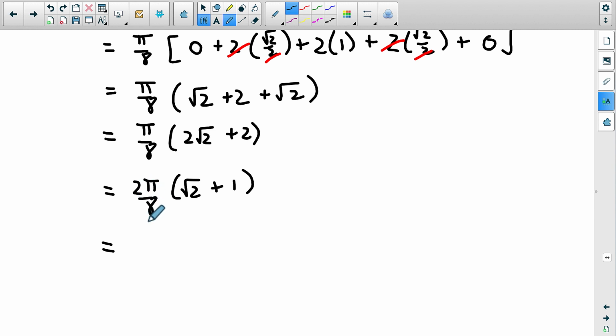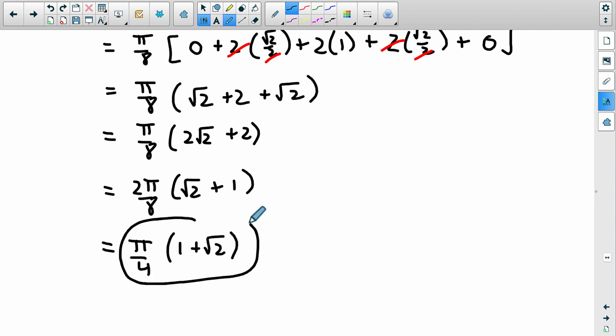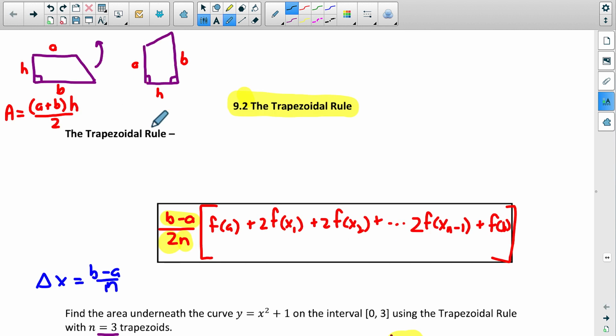You get 1 over 4. But why not just write pi over 4? And often we'll put the whole number before the irrational number. So 1 plus root 2. This is your answer. So it's approximately 1.896. And we're done.